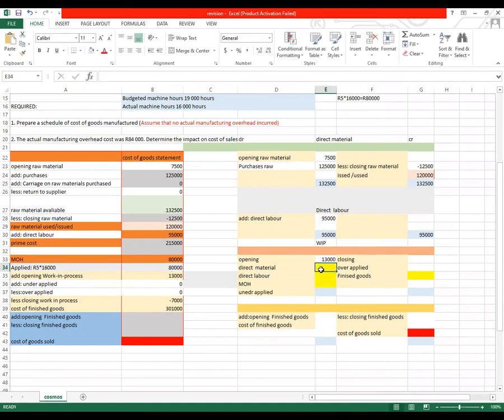And then our direct material, we are going to use the issue one. You still remember this 120, ne? And then labor is equal to 95. And then manufacturing overhead is the 80,000. And then we have under or over applied 0.